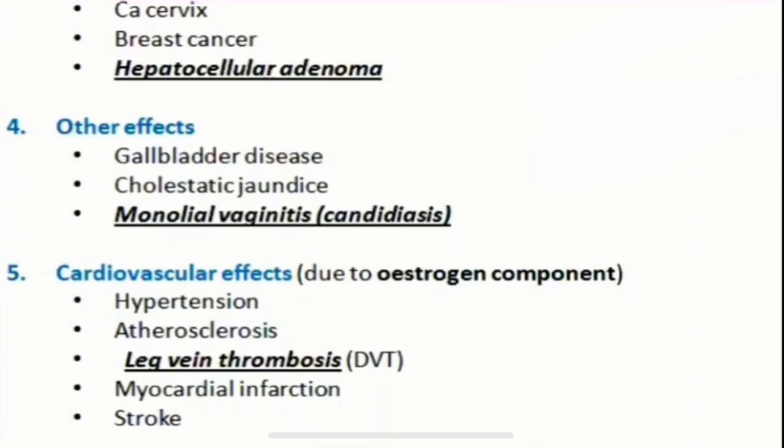Even with this reduction to the least minimum level, it was very clear by 1980 that vascular effects like hypertension still persisted. Along with hypertension, we also see the metabolic effects, like blood pressure and sugar levels being altered, which was directly related to progestogen levels. And also, we have atherosclerosis, leg vein thrombosis, myocardial infarctions, and stroke.